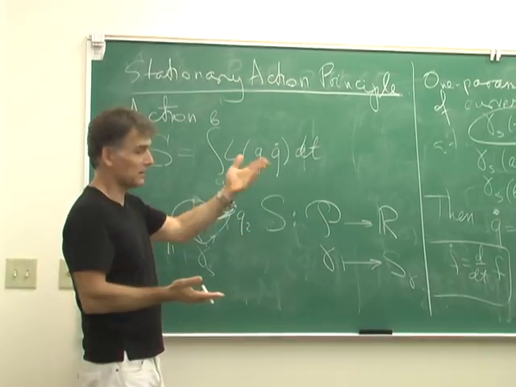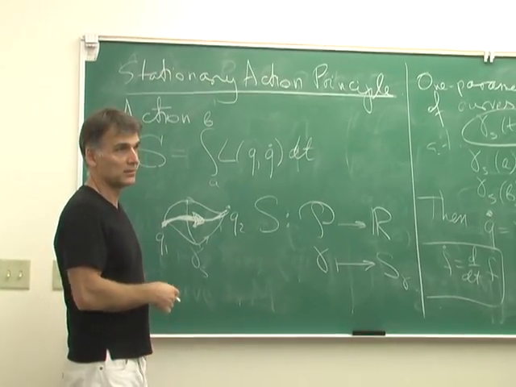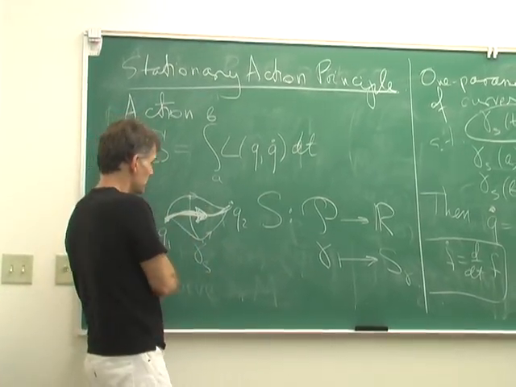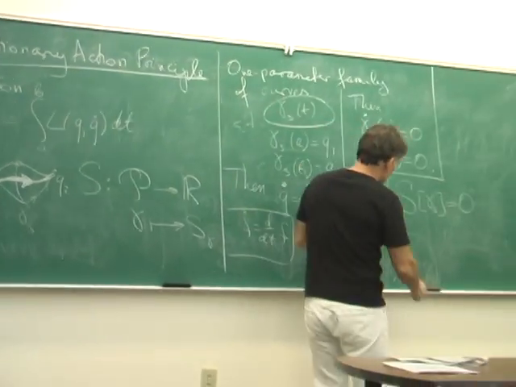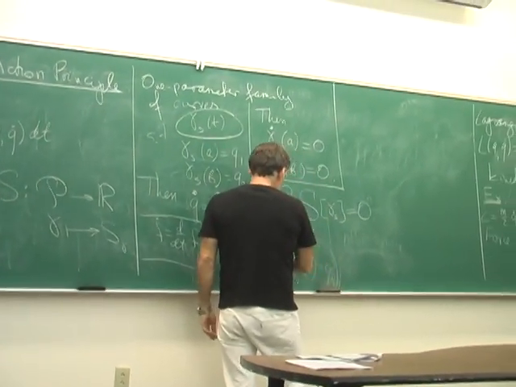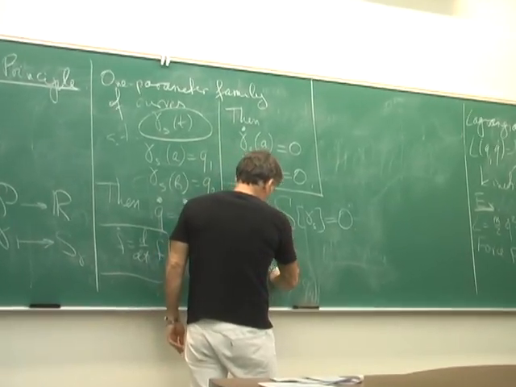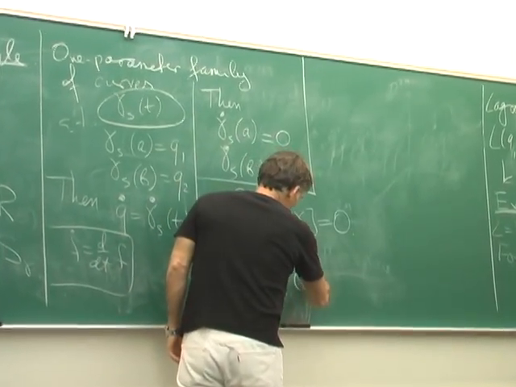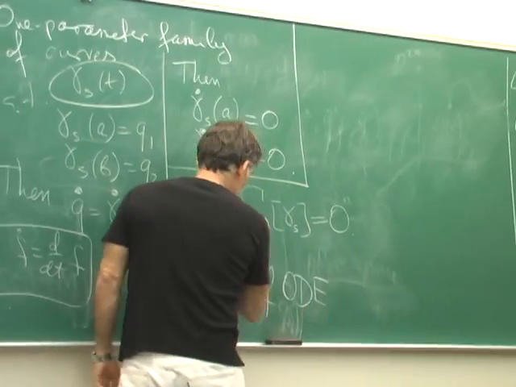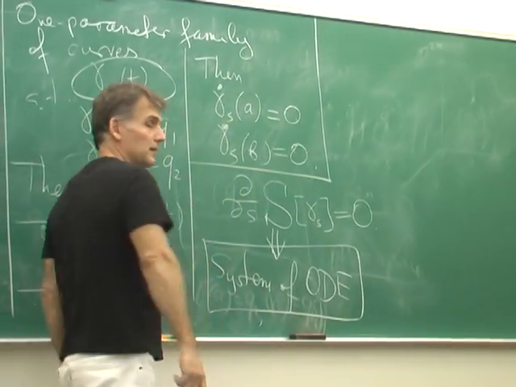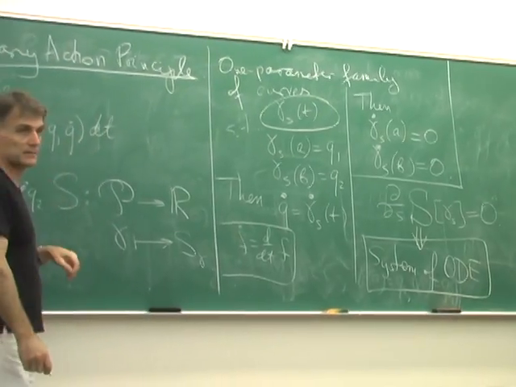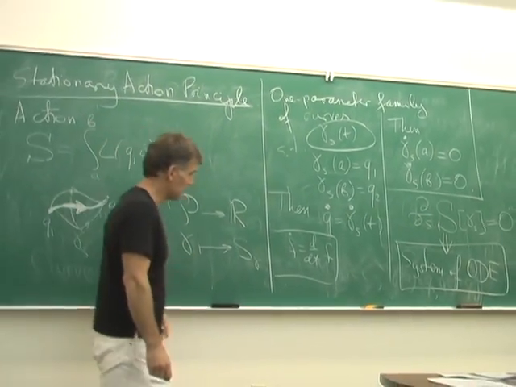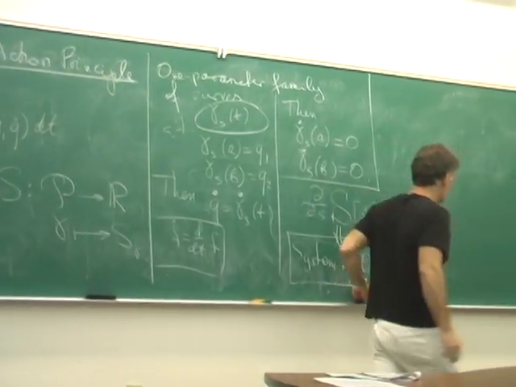Stationary means the same thing, that the derivative is 0, or minimized if they are closed and so on. And once you have this, you will see that that gives us a system of ODEs, which are basically the Newton equations and Hamiltonian equations for these variables. They have a name, they're called the Lagrange-Euler equations.